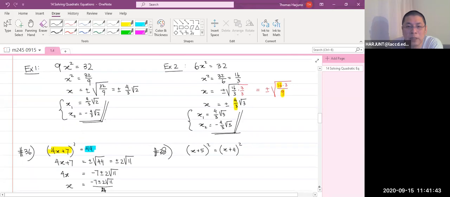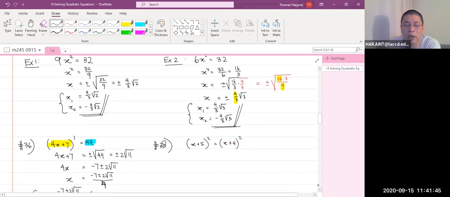Now, the principle again is when I apply square root to both sides, I need to use plus minus. So when I apply square root to both sides, I get x plus 5. It cancels the square, right? Okay, but on the right-hand side, maybe I write it this way.